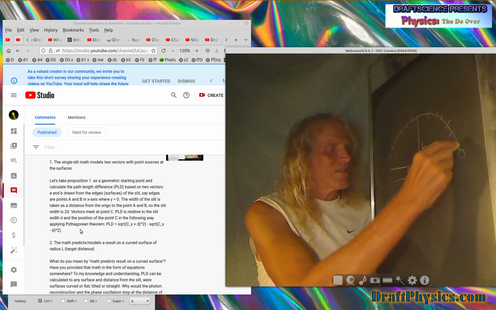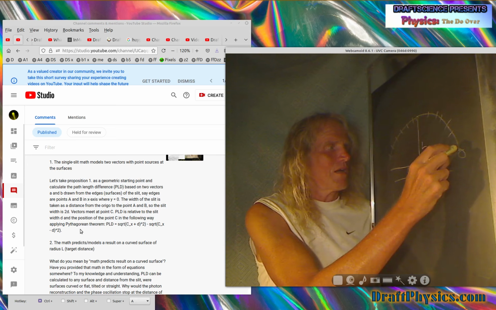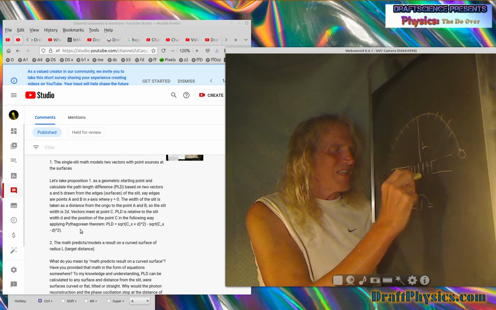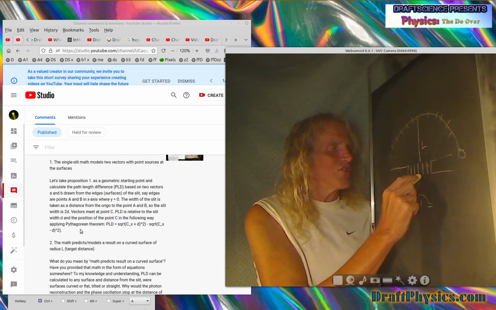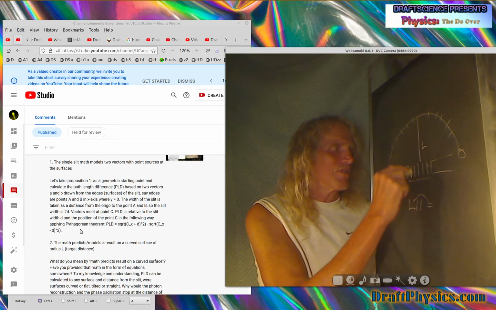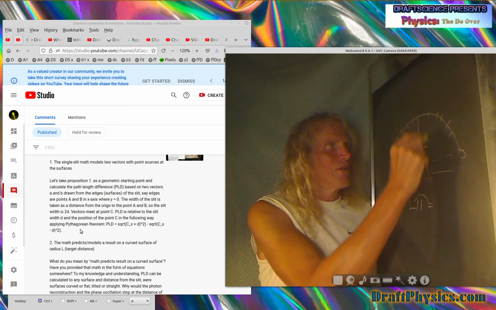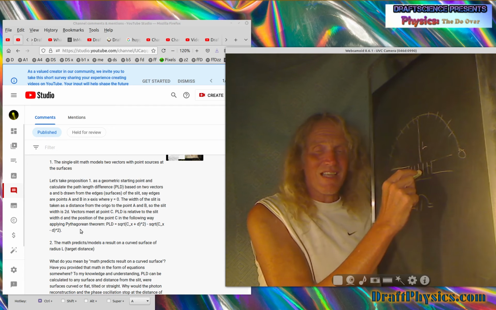That equals the length of this line. And once you know the length of this line, you just do this line as a percentage, as a ratio of this distance. So this distance to the number of nodes is the same as this distance to the number of nodes. Those two relationships are the same.